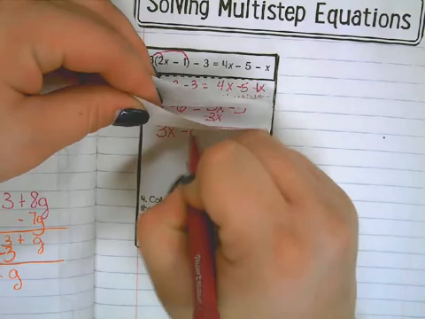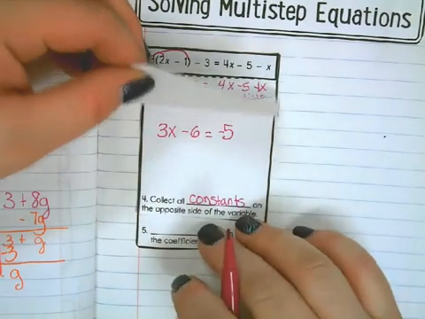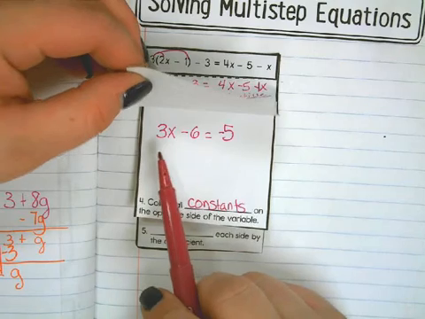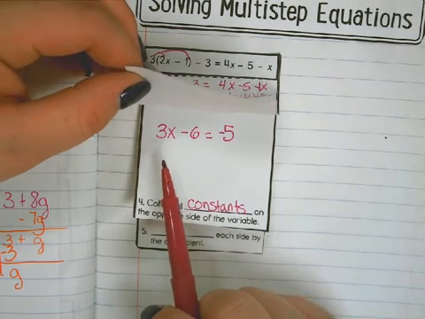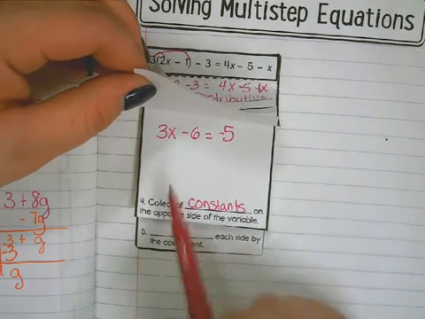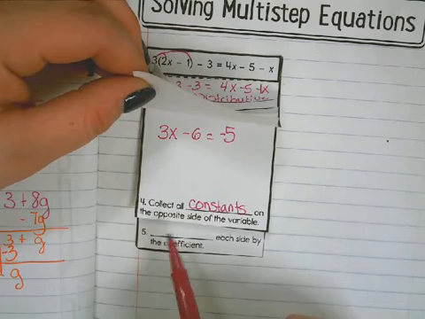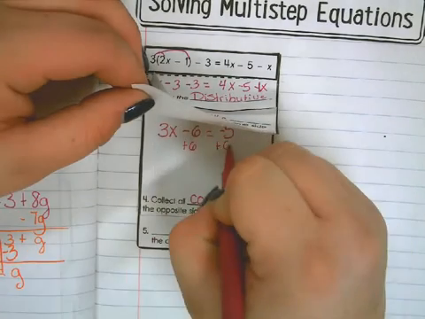I want to move anything that's attached to it by addition or subtraction, which is that minus 6. So how am I going to get rid of a minus 6? I'm going to add 6 on each side. So I have 3x equals negative 5 plus 6, which gives me a positive 1.